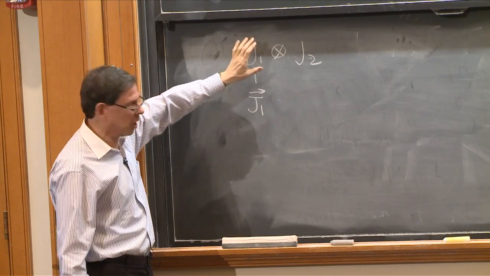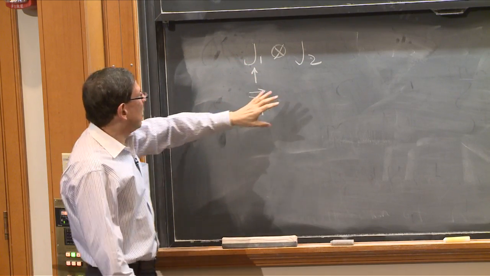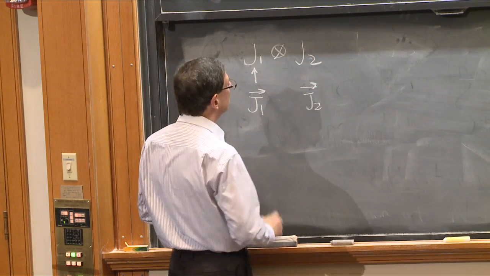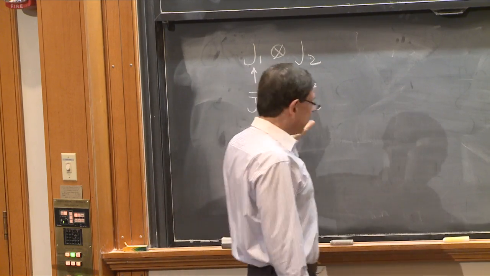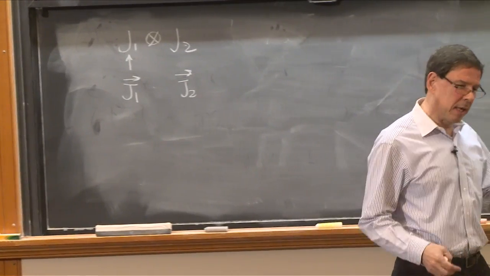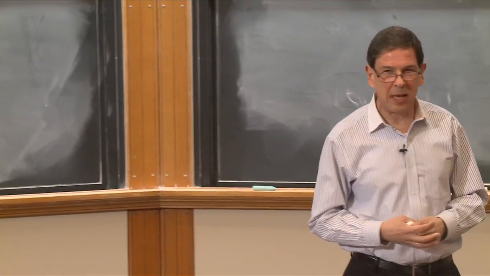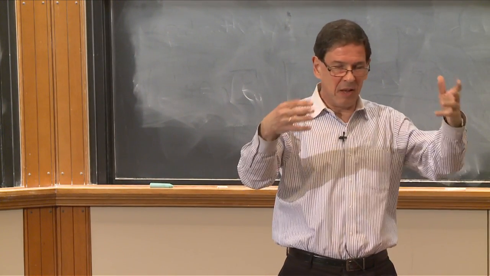That's having a J1 multiplet. You have a J2 multiplet. And these are two independent commuting angular momentums acting on different degrees of freedom of the same particle or different particles.